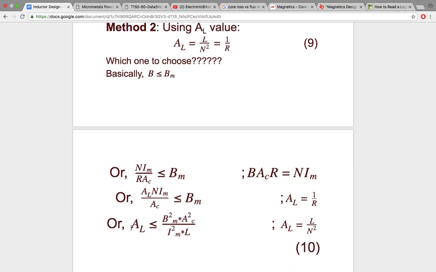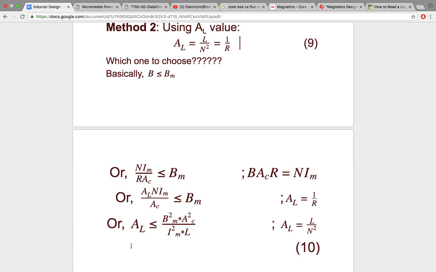If you see carefully here, this is nothing but 1 by R, that is permeance. And if this is not satisfied, that means this one is greater than the requirement. Basically this is the permeance needed to get the suitable inductance requirement.